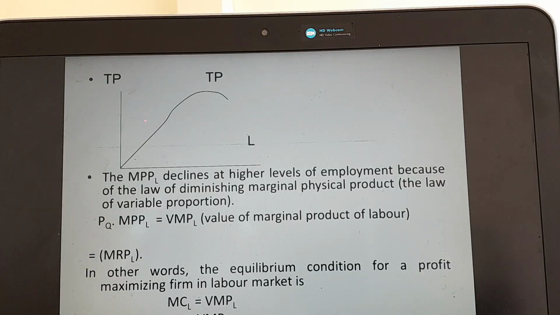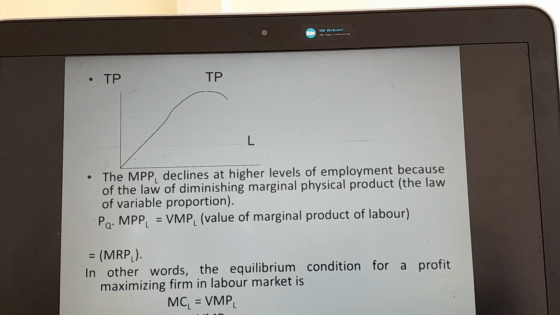Total product kana yo argama ta'e asirratti as you know, the red one. Here we have the total product, and this is a curve. Now, on this curve, we have the slope of total product. That slope of total product is the marginal physical product of labor.